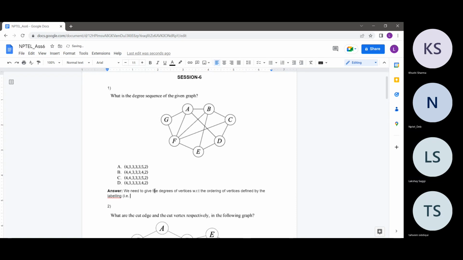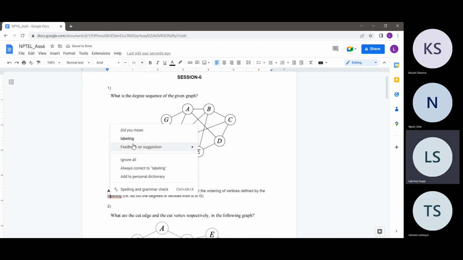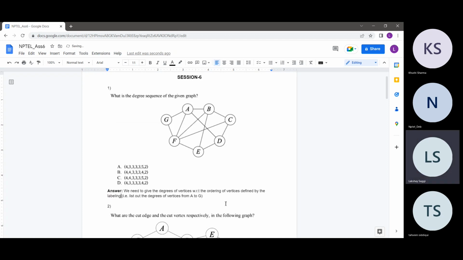That is, list out the degrees of vertices from A to G. I hope this statement is clear. It's too difficult to see, so we'll just be writing out the degrees from A to G.